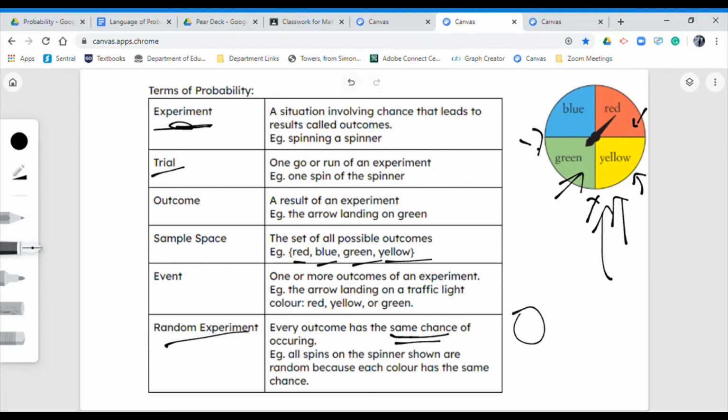If I had a coin that was heads and a coin that was tails, in that situation, we would have a 50-50, or 50%, or if we talk about our actual 1/2 kind of probability, there's that equal chance of heads or tails, and that would be another example of a random experiment.